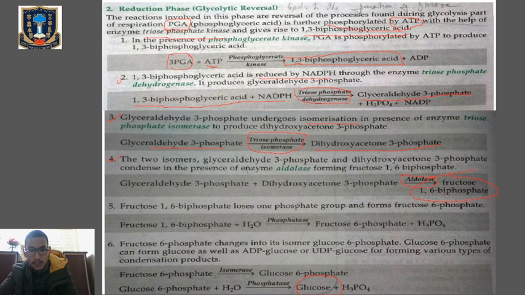Again, one more time, the two isomers, glyceraldehyde 3-phosphate and dihydroxyacetone phosphate, in the presence of the enzyme aldolase will condense to form fructose 1,6-bisphosphate.